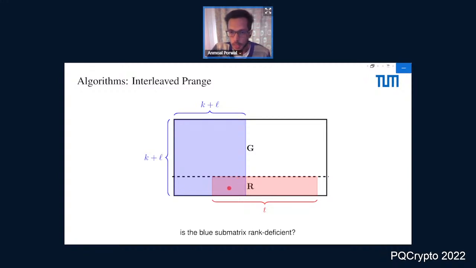This would reveal at least some of the error positions. It might also be the case that some linear combination of the rows of R has a completely error-free part in the blue submatrix, and that would also work. So that's the very high-level gist of it.